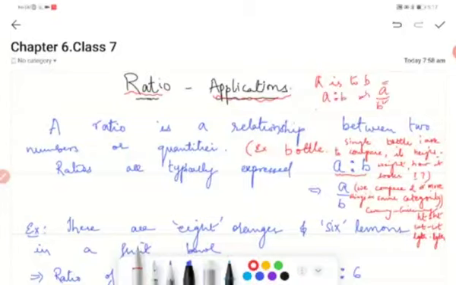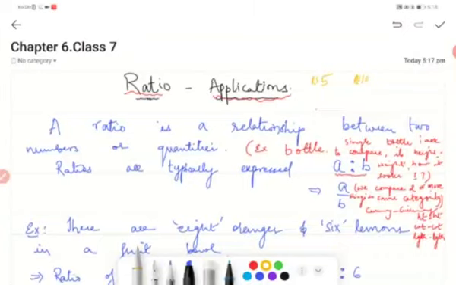Let me take one example. Suppose I have 5 rupees, and you have 10 rupees with you. What does this mean if I compare the money with me and the money with you? You have double the money I have, because 5 into 2 is 10.